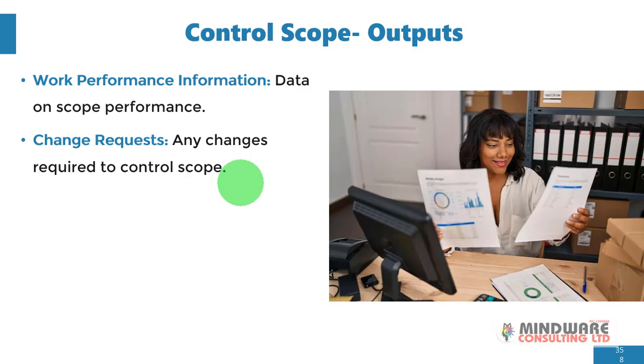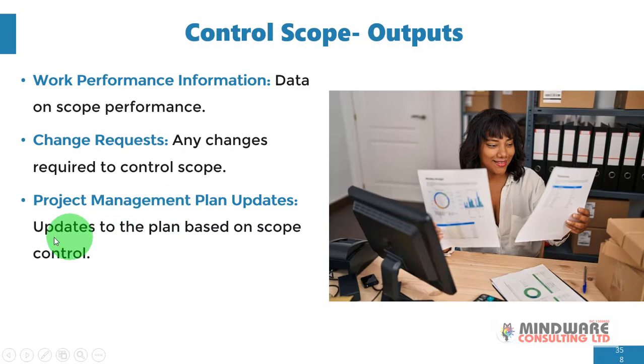As you make progress within the life cycle of your project, there will be a need from time to time to make changes to the scope. So in trying to control your scope, there are also going to be some changes made to the scope. Project management plan updates include updates to the plan based on scope control.